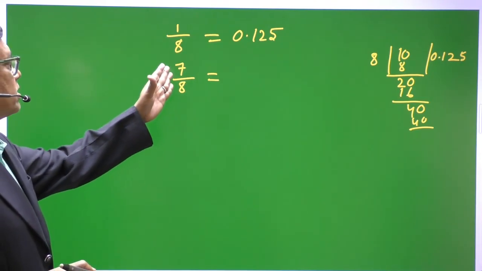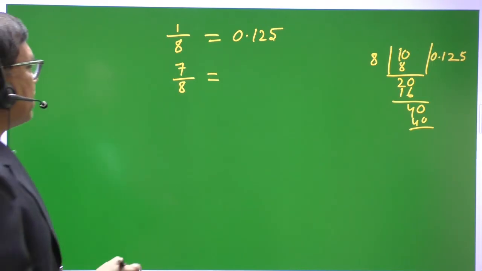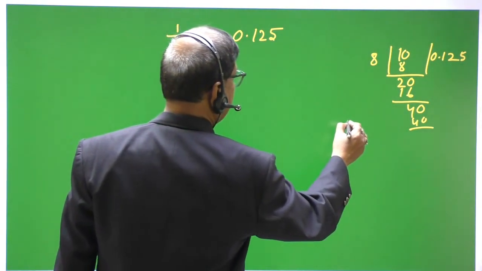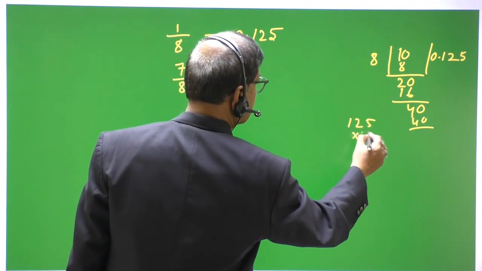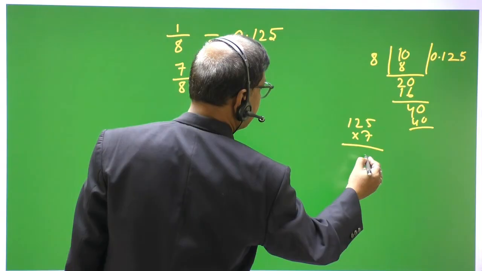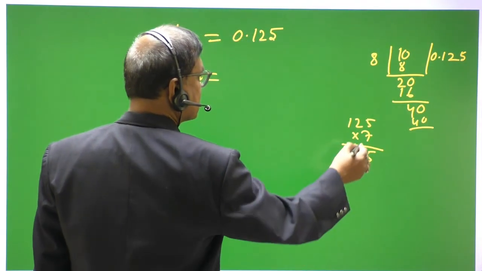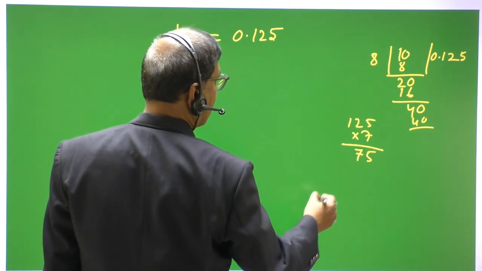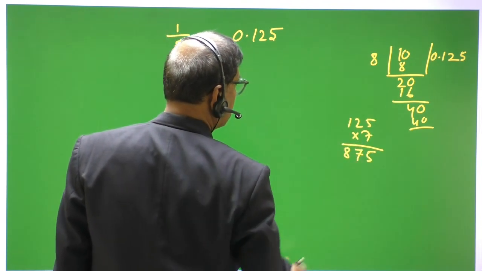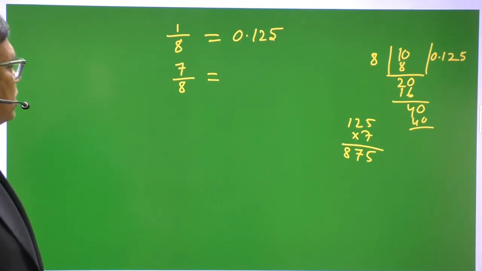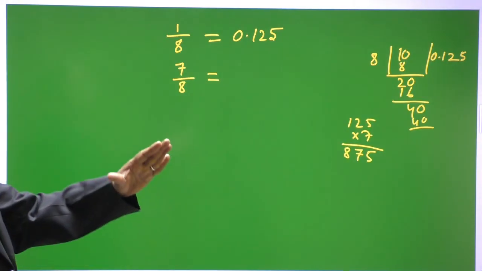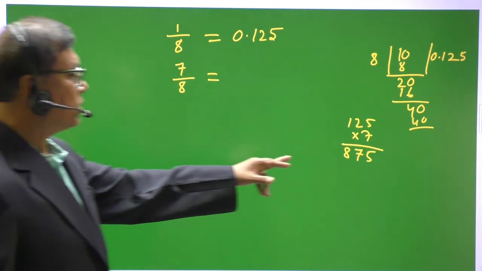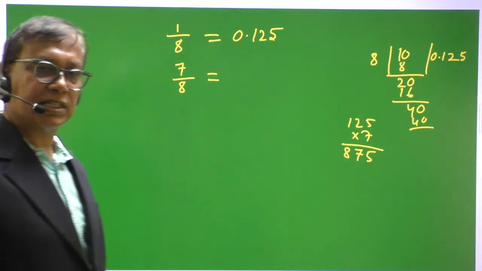Multiply 7 by 125. So 125 into 7: 7 5s are 35, 7 2s are 14 plus 3 is 17, and 8. So 875. And from the right side after 3 digits insert the decimal point.